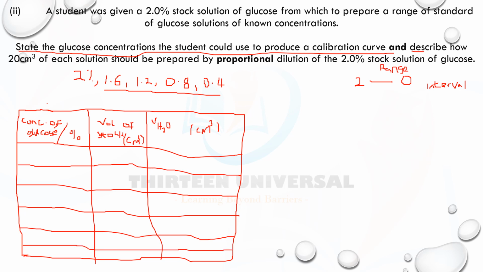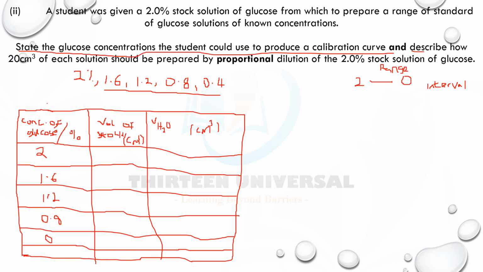All right. So this is 2, of course. This is going to be 1.6, that's the next one. This is going to be 1.2, and this is going to be 0.8. So keep minusing 0.4: 0.8, and then we have 0.4.